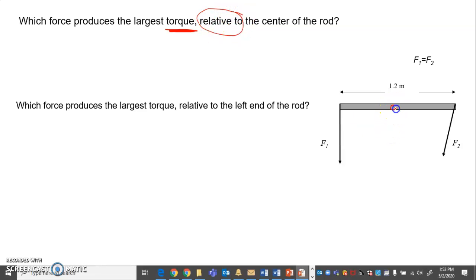So if we're doing it relative to the center of the rod, we would say, okay, well this force over here is 0.6 meters away, and this force is 0.6 meters away. So the distance is the same. The arrows may not look like it, but the forces are the same magnitude. The only difference is the angle, and so the force that's going to create the largest amount of torque is F1.